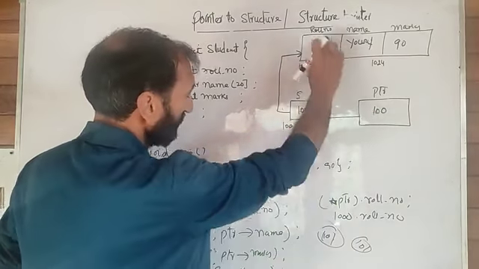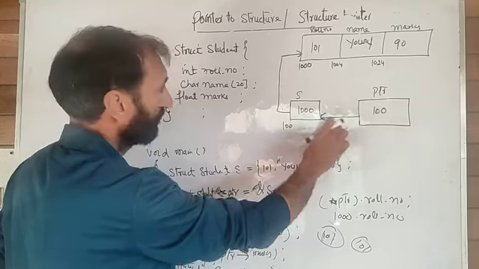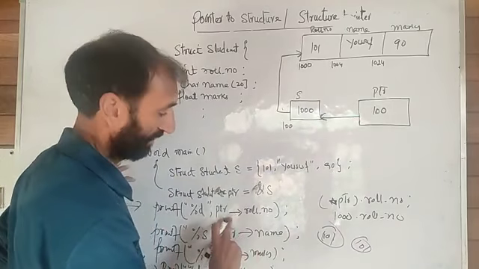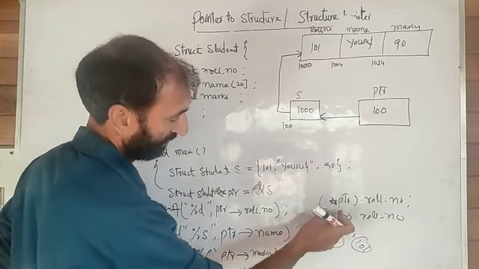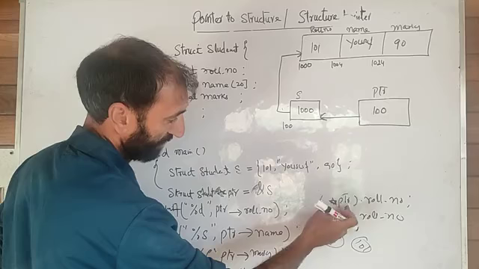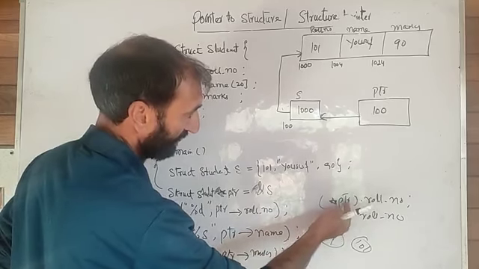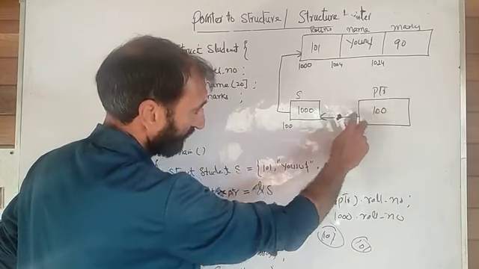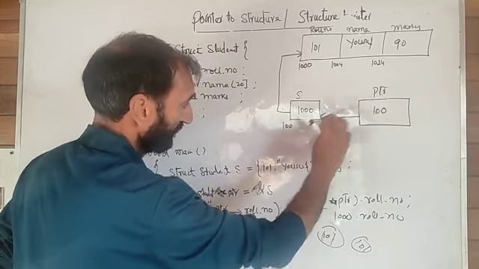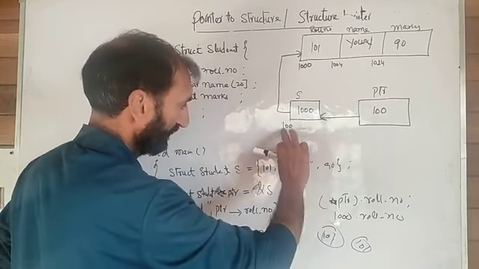And we can access the members of this variable s through the pointer by using this arrow operator. Here I have explained that this means the indirection operator. That means the value at the address in ptr. What is the address in ptr? 100 is here, and this is the address of s.